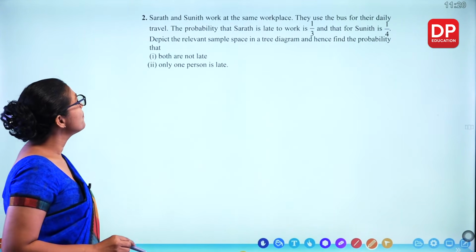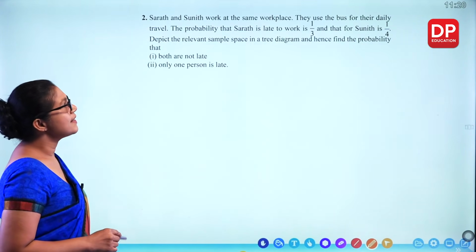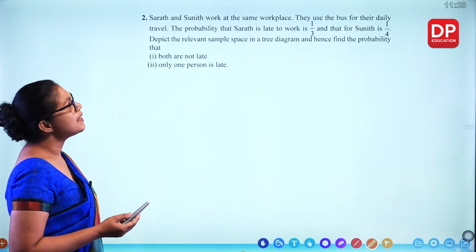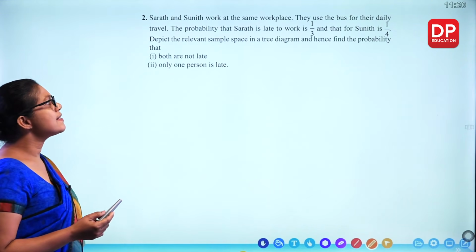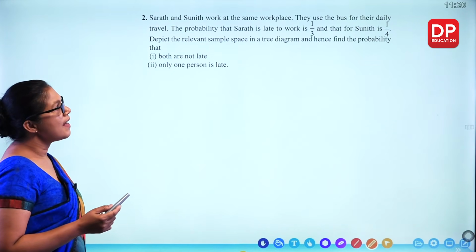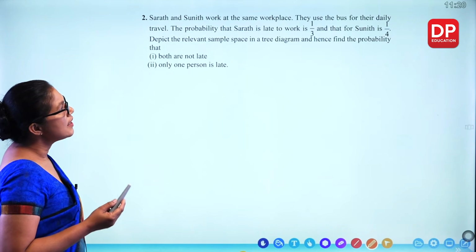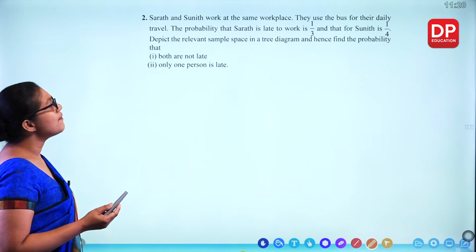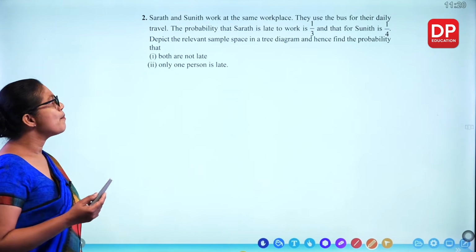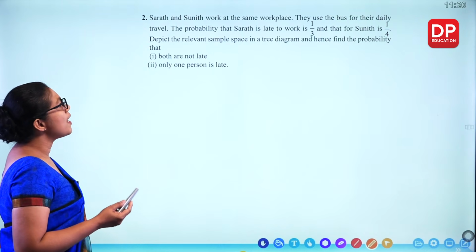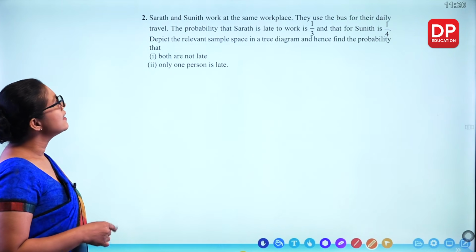Question number 2. Sarath and Sunith work at the same workplace. They use the bus for their daily travel. The probability that Sarath is late to work is 1/3 and that for Sunith is 1/4. Depict the relevant sample space in a tree diagram and hence find the probability that both are not late. Only one person is late.